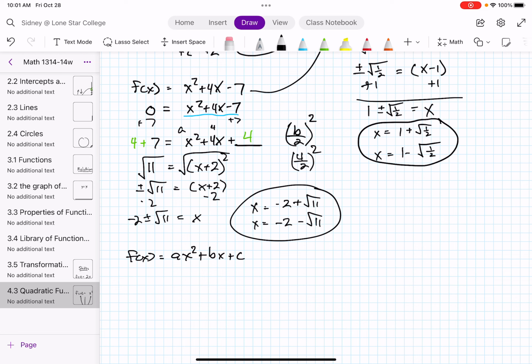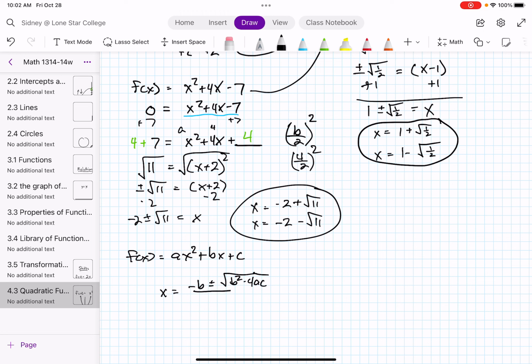If you do completing the square on this, and I'm not going to do it in the video because it's a long process and it's not going to make you any smarter, what comes out the other side is the quadratic formula. Negative b plus or minus the square root of b squared minus 4ac.